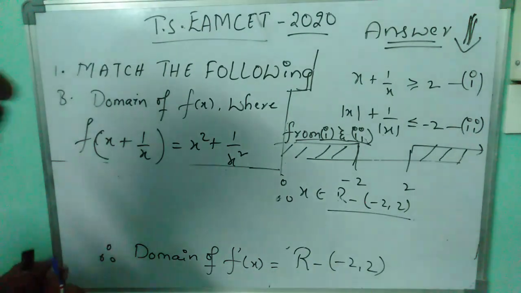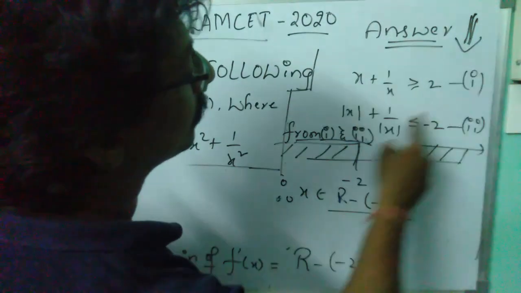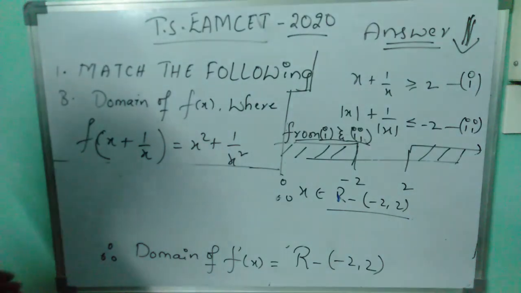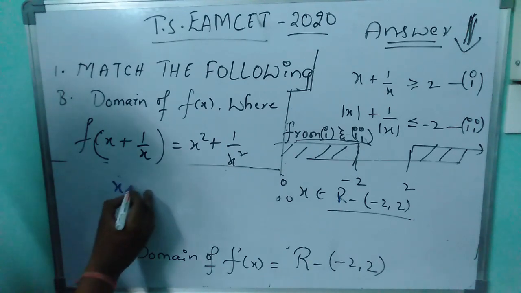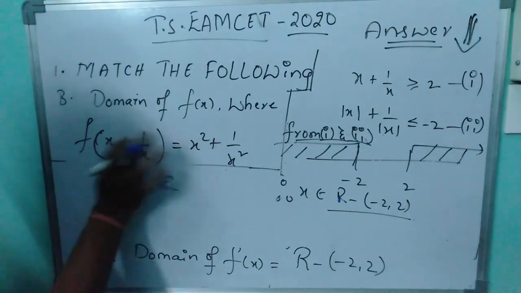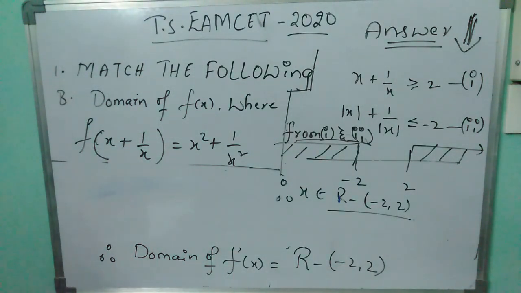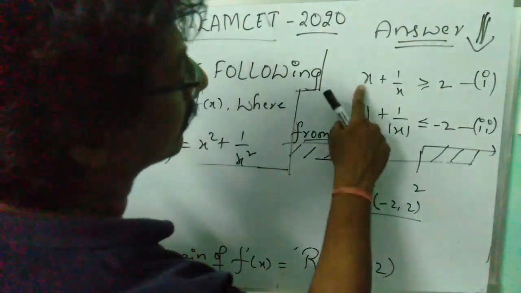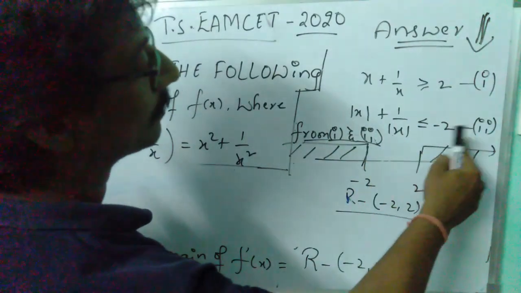So here we can write this part as x plus 1 by x greater than or equal to 2 in the first condition, and x plus 1 by x less than or equal to minus 2 in the second condition.